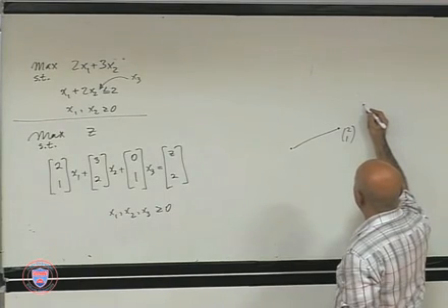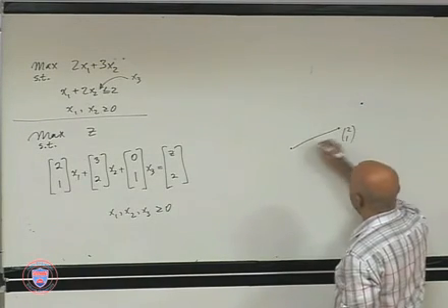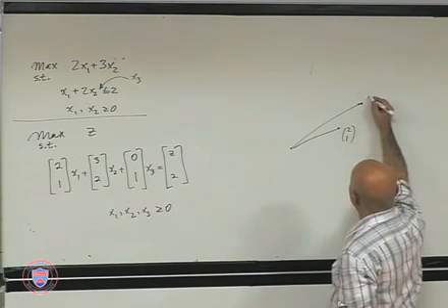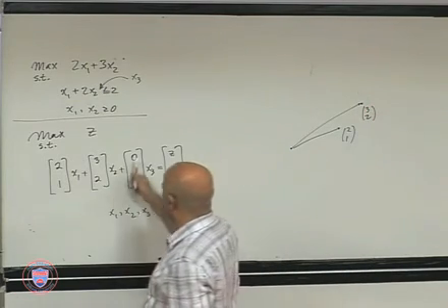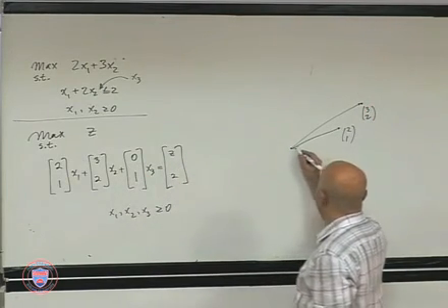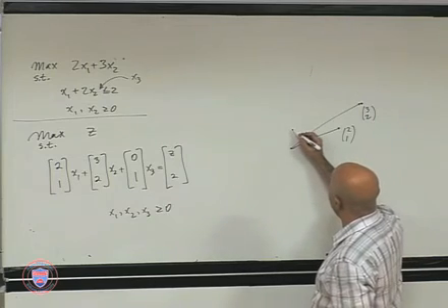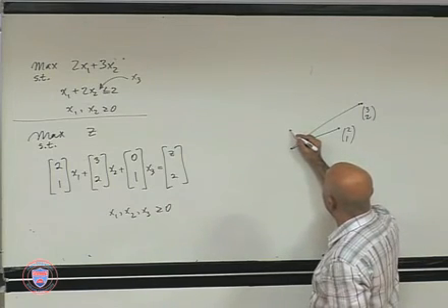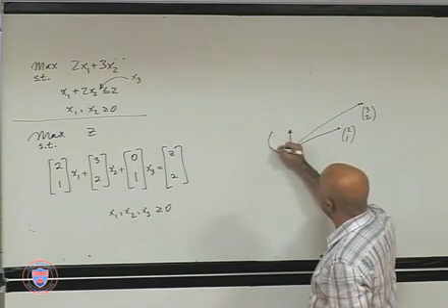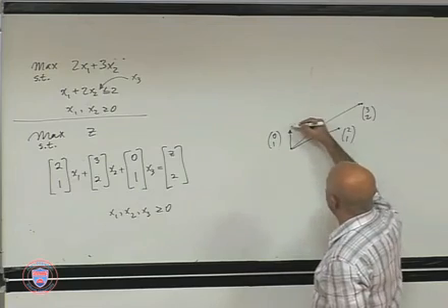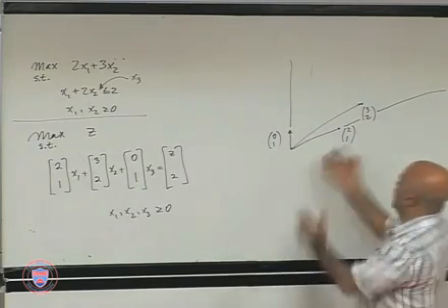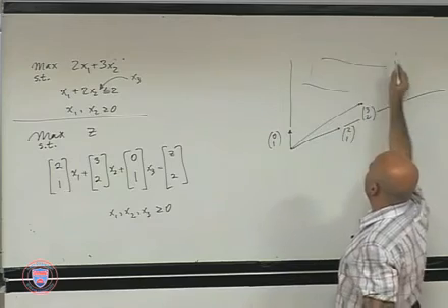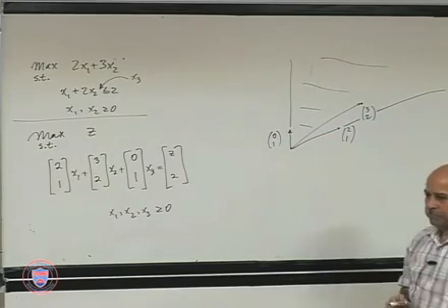I don't know if that's 2 units. Anyway, I'm doing this approximately. That's your 3, 2. And you've got 0, 1. So 0 and 1, which is this point. So my cone, in this case, is what I see here. Okay?